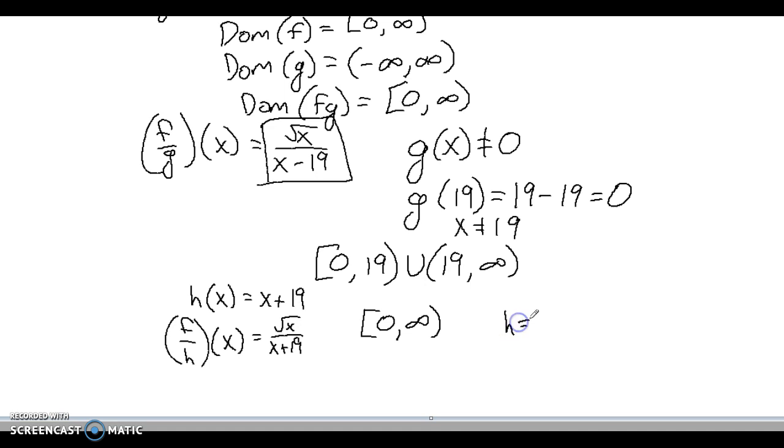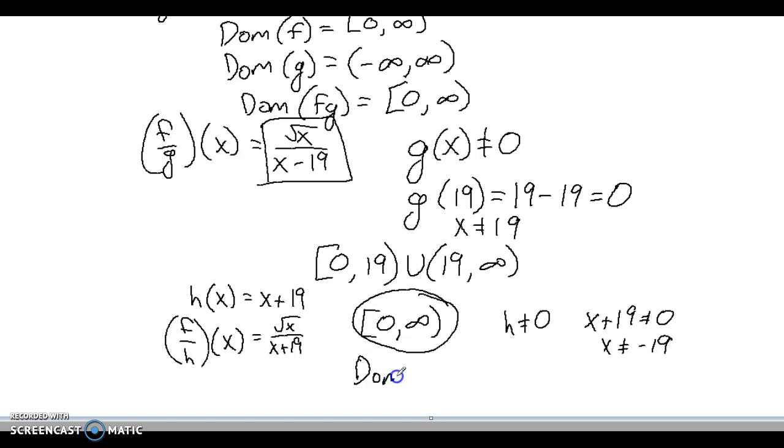But we can't let h equal 0. So that means we can't have x plus 19 equal 0. So x cannot equal negative 19. And we ask, is negative 19 in this domain? No, which means this domain already works for us. So the domain of f over h is going to be 0 to infinity.